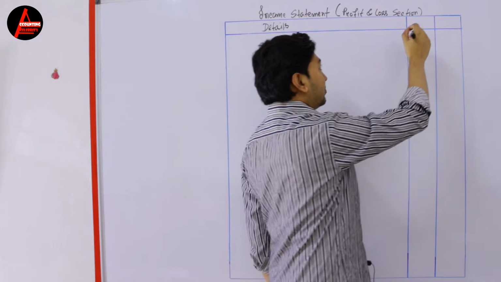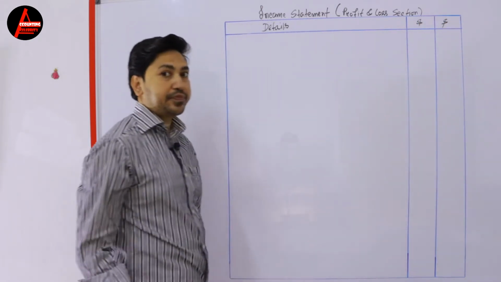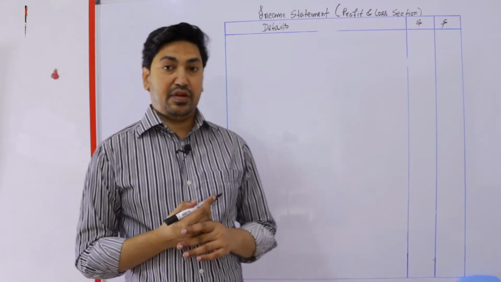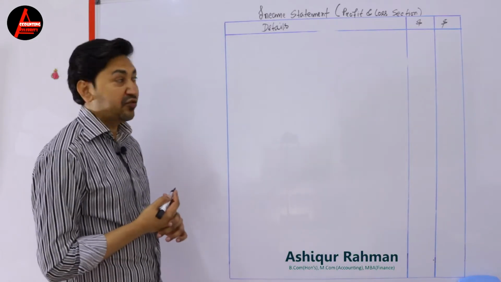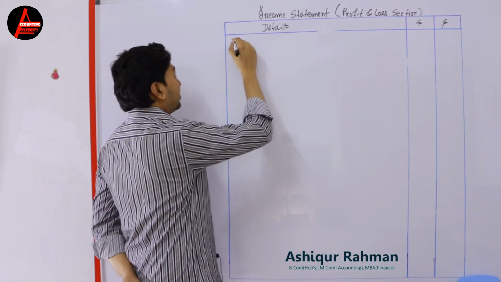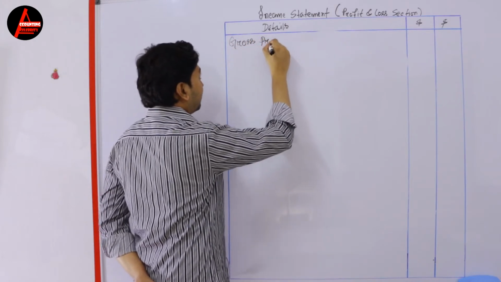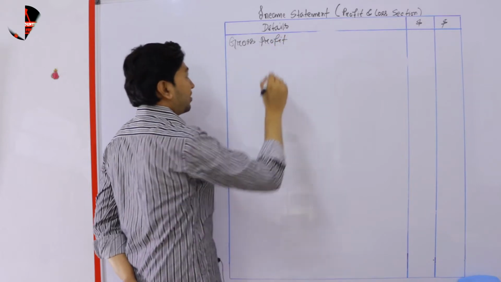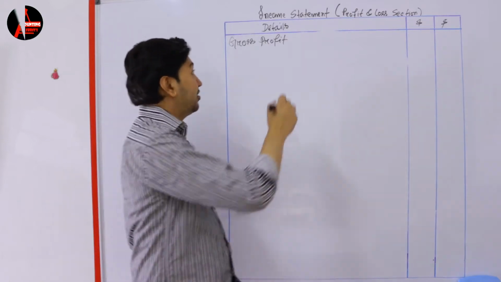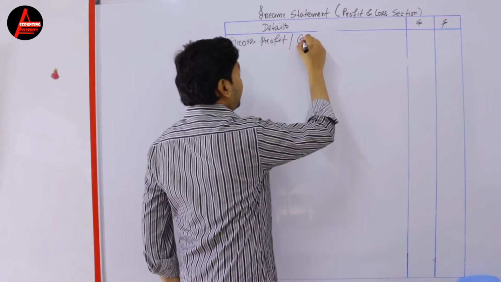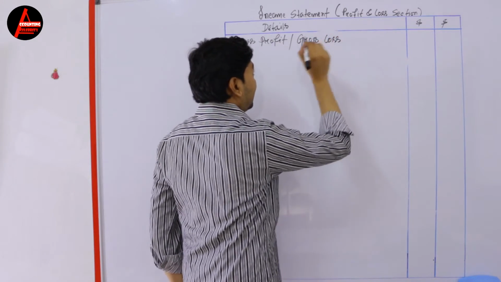Here we have two columns, in dollars. So what is the first item in the income statement, profit and loss account section? First of all, you have to write gross profit. If you have a loss, then you have to write gross loss.